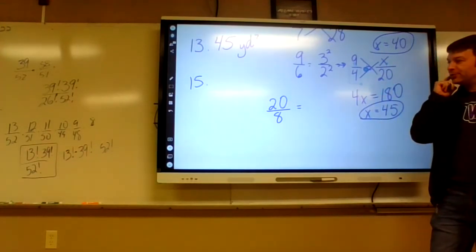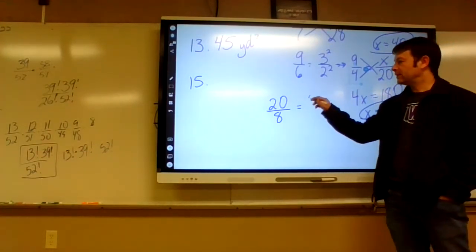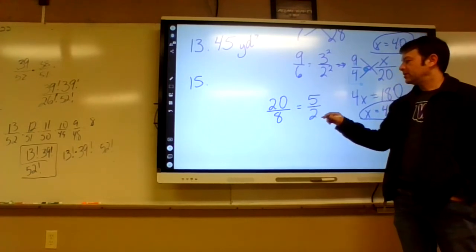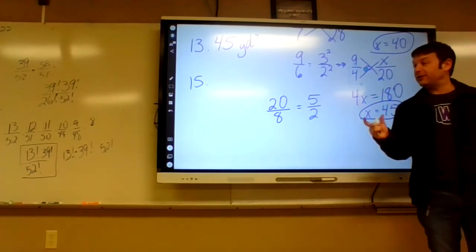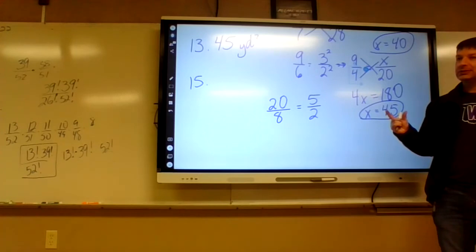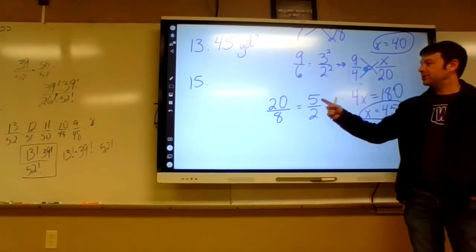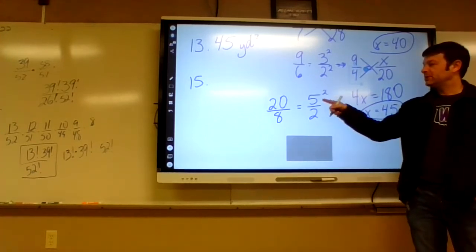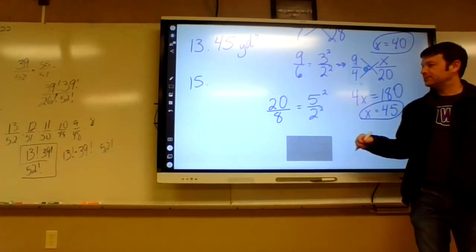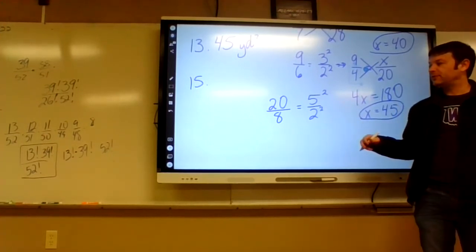Divide by 4, divide by 4. 5 over 2. Okay, that's the ratio of the sides. How do I find the ratio of the areas? Square it. So this becomes 25 over 4.